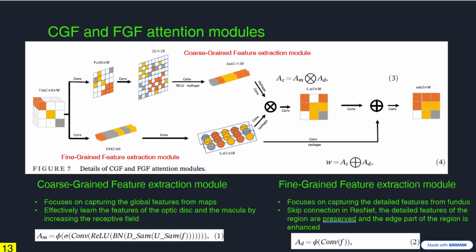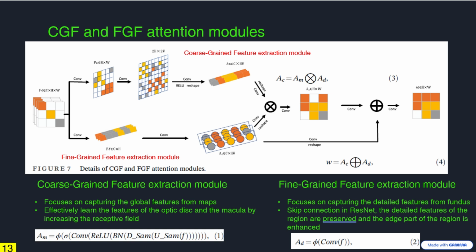All the extracted features will be fed into the refinement module to obtain the refined map. Then we fuse the global features and the refinement features. This is the segmentation result of the optic disc and the macula obtained by the CFA-Net. Then we also use a skip connection in the CE-Net to fuse the features with the same spatial resolution at a single scale.